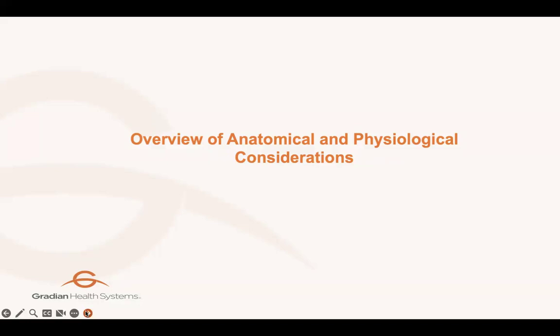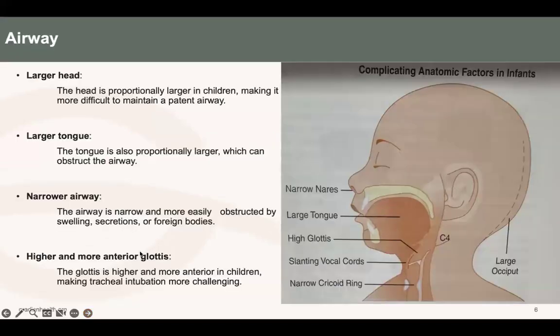Okay, so in terms of anatomical and physiological considerations, I'll start with the respiratory system, as part of which is the airway. So when we are inducing pediatric patients, we take a lot of things into consideration. One of them is that they have a relatively larger head compared to adults, the larger head being compared to their trunk.